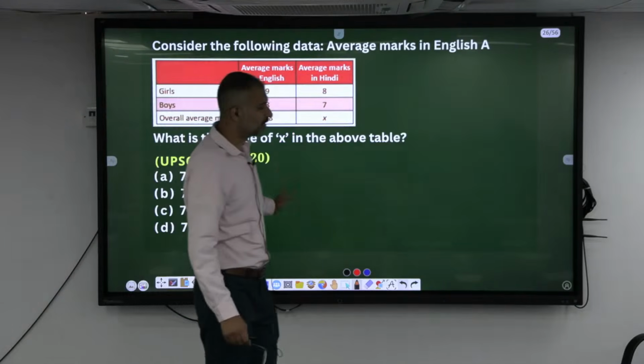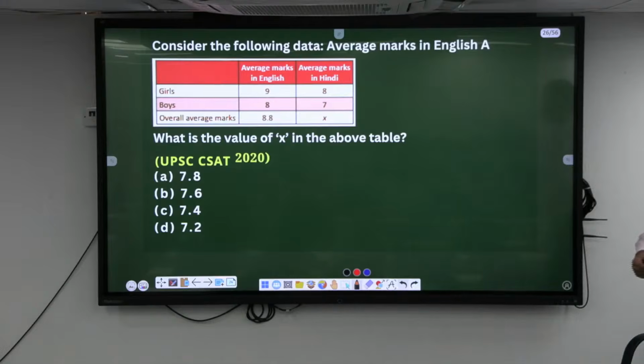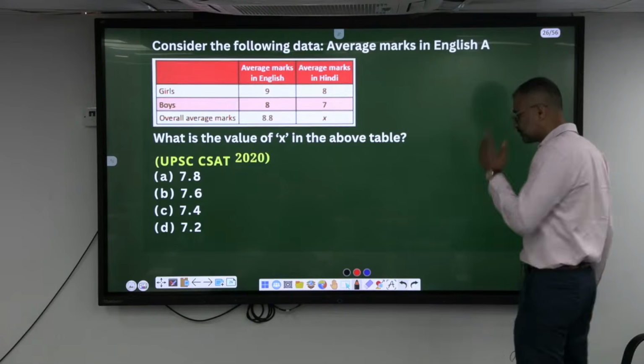Come on, this is also allegation. Do it. Analyze the data first properly.